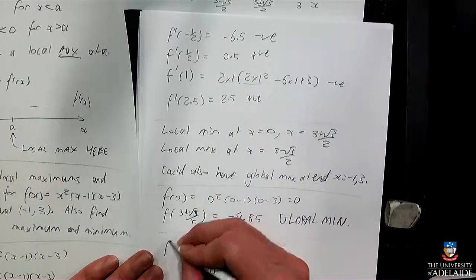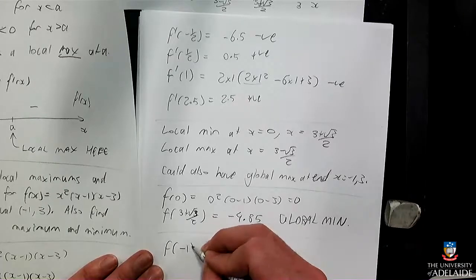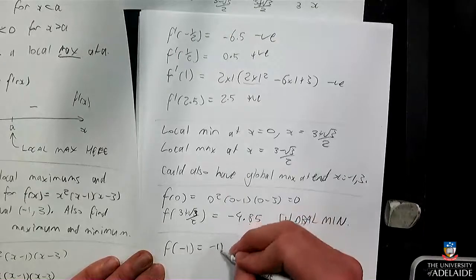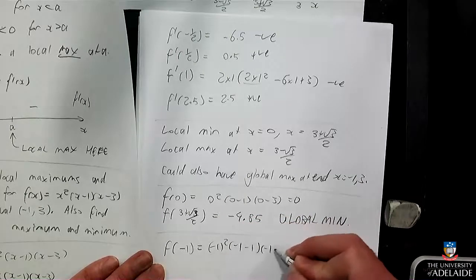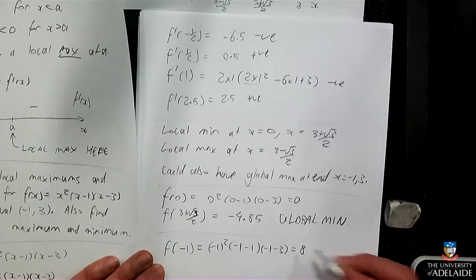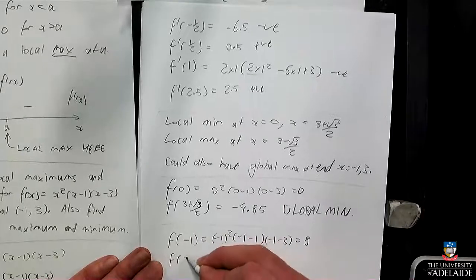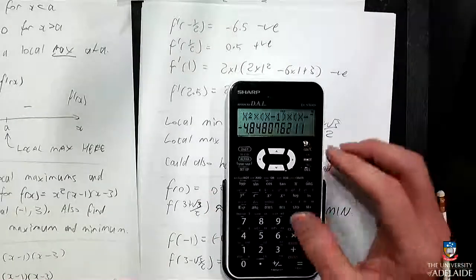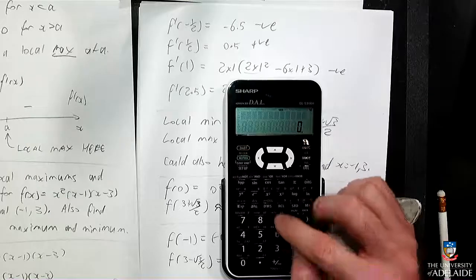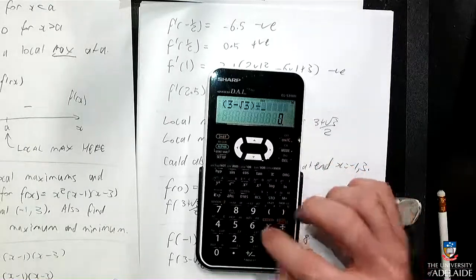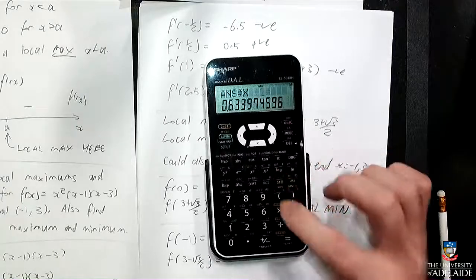Okay, and f of -1 is -1 squared, -1 minus 1, -1 minus 3. So that's 1 times minus 2 times minus 4, which is 8. F of (3 minus root 3) over 2. Minus root 3 divided by 2. Let's store that in x.